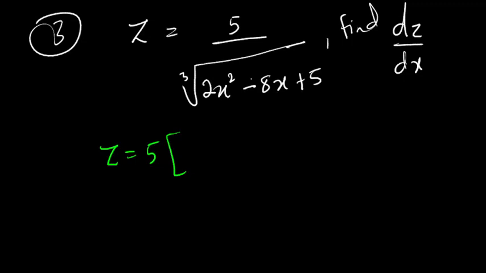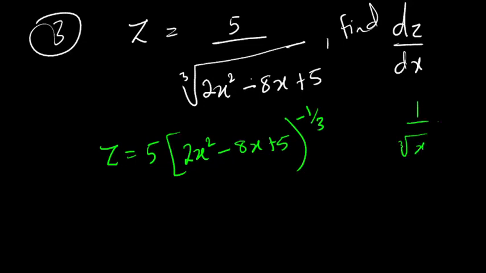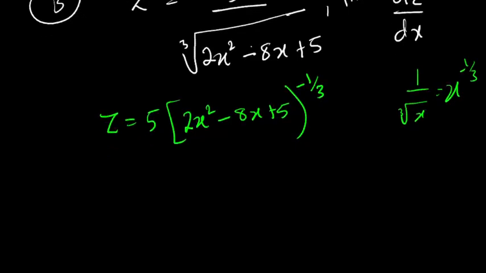That means we are going to have 2x raised to power 2 minus 8x plus 5 raised to power minus 1 over 3. Don't forget, 1 over cube root of x is the same thing as x raised to power minus 1 over 3. So bringing this up to the numerator, we'll be having this.